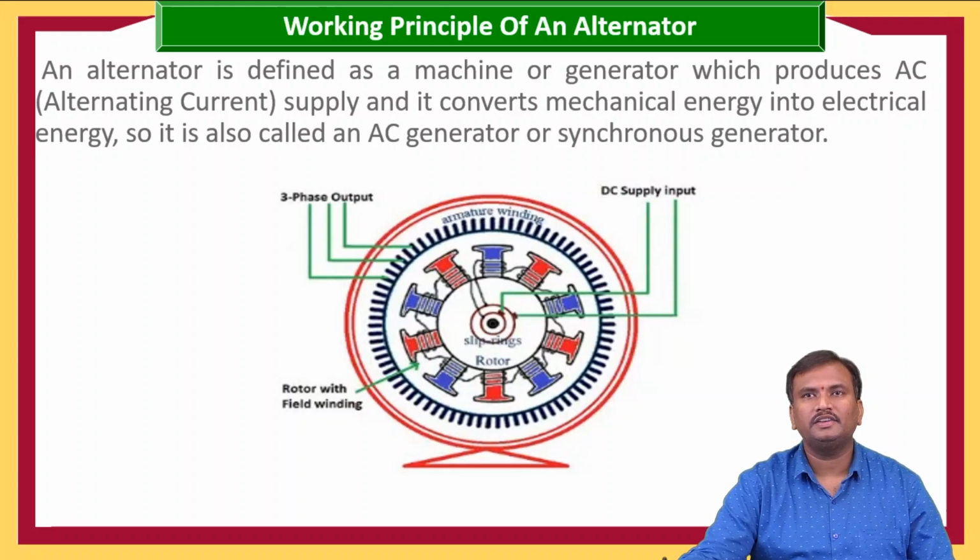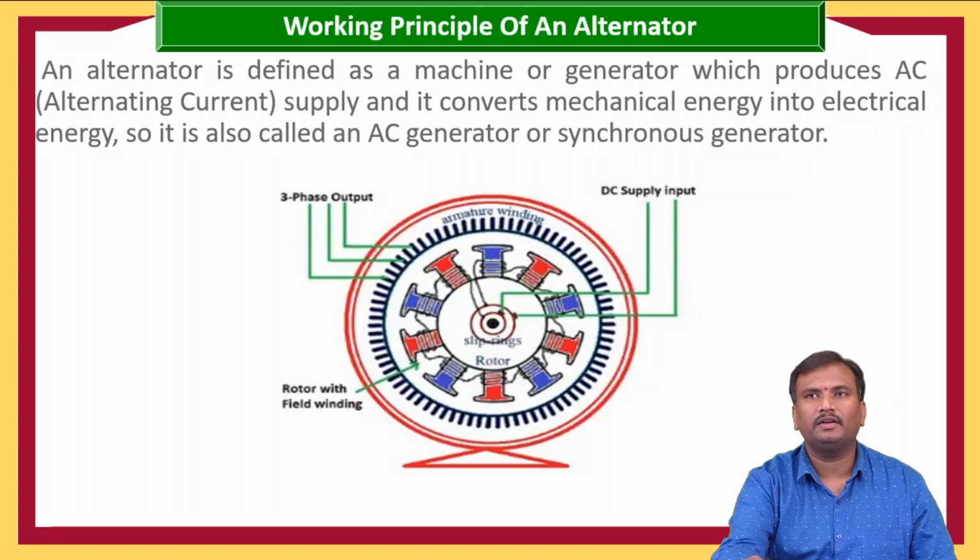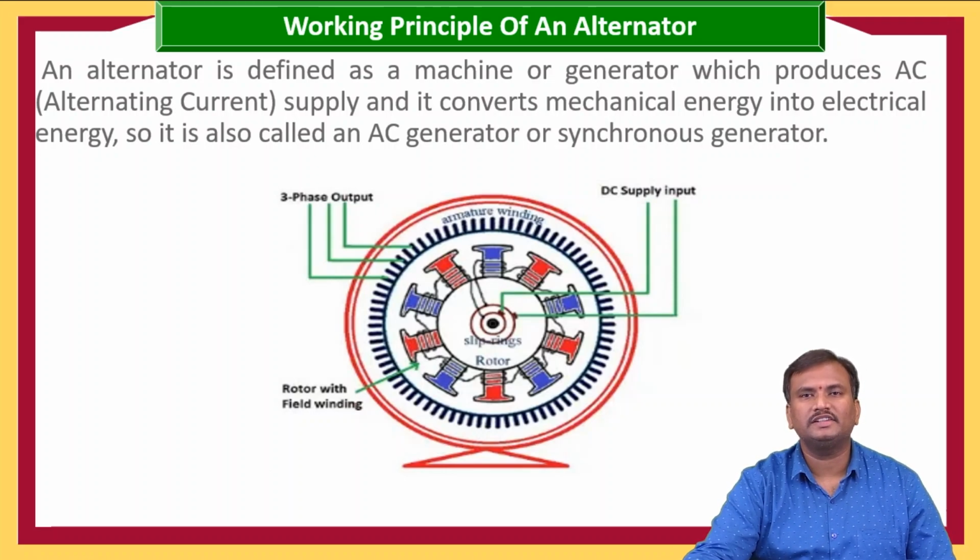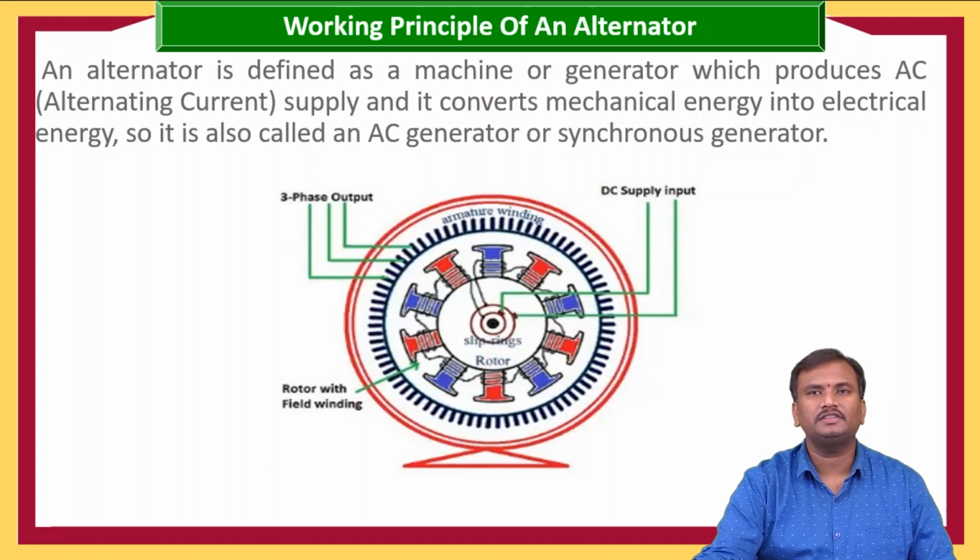An alternator is defined as a machine or generator which produces alternating current supply and converts mechanical energy into electrical energy. So it is also called as AC generator or synchronous generator, because this alternator is going to run at synchronous speed. Because of that reason, this is also called as synchronous generator.